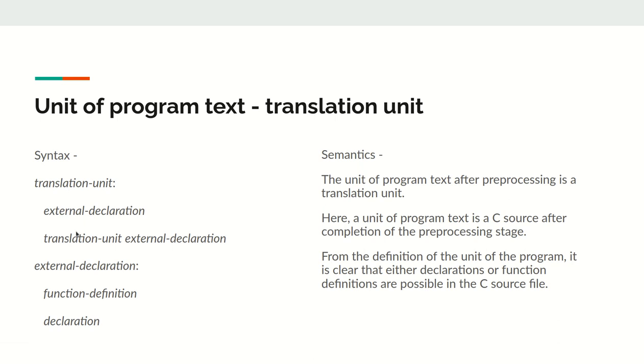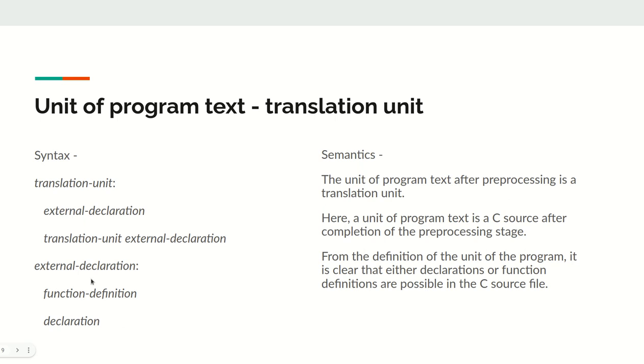So it means that it can have one or more external declarations. Now we'll see the definition of the external declaration. External declaration is a non-terminal, and it is defined with function definition or declaration. So any external declaration is either a function definition or a declaration.